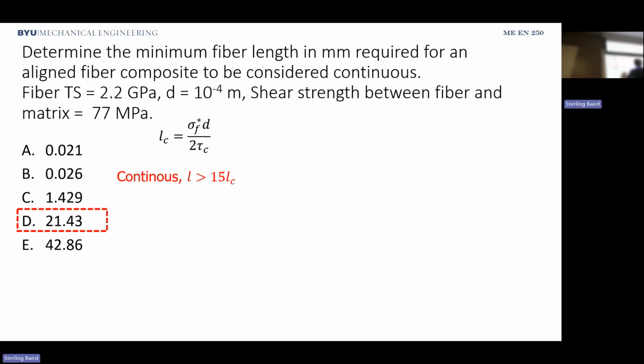But then I'm a little confused on where this 15 is coming from. So in your answer slide, you say that the length of the fiber should be greater than 15 times the critical length. Oh yeah. Okay, give me a second on this one.